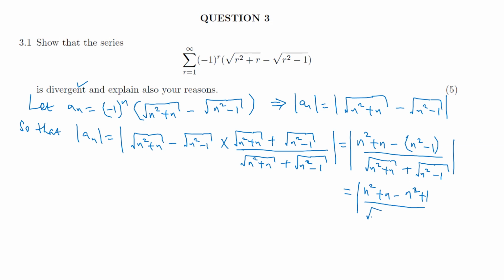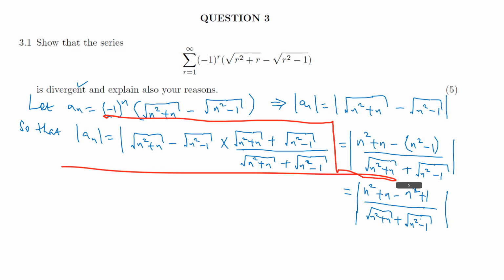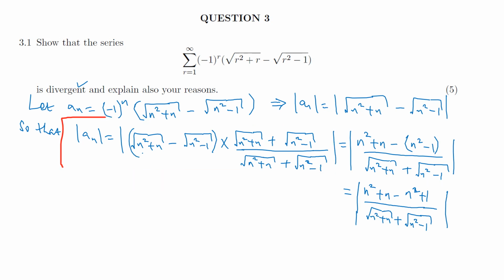Someone asks: I'm confused what's happening here. I am rationalizing, so I'm just multiplying by 1. Normally in mathematics, we rationalize.